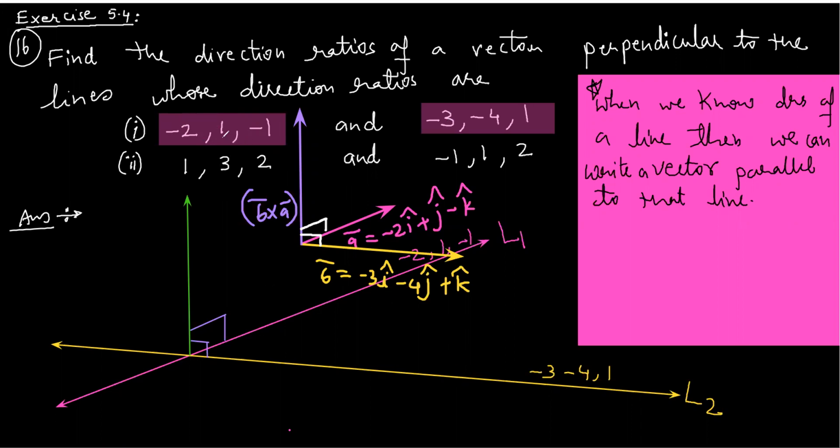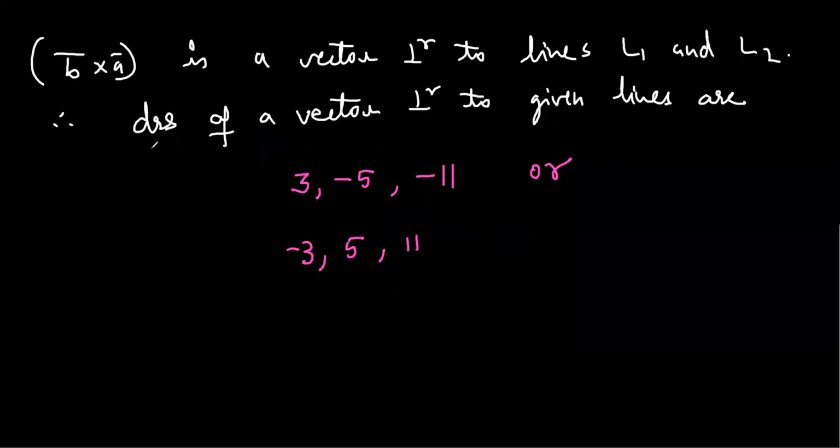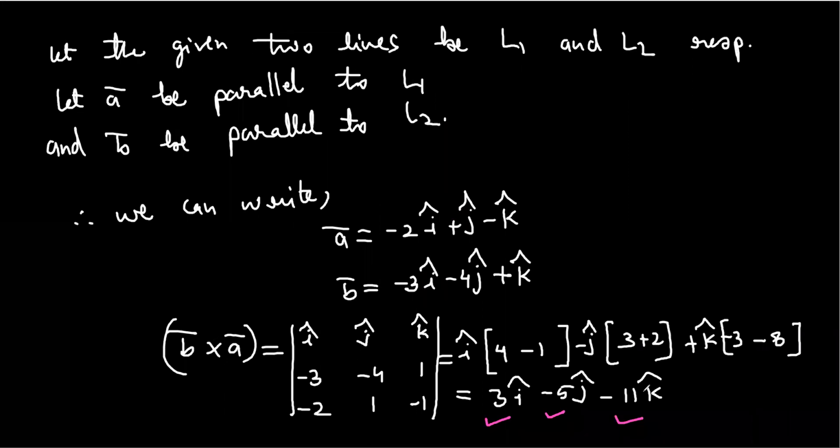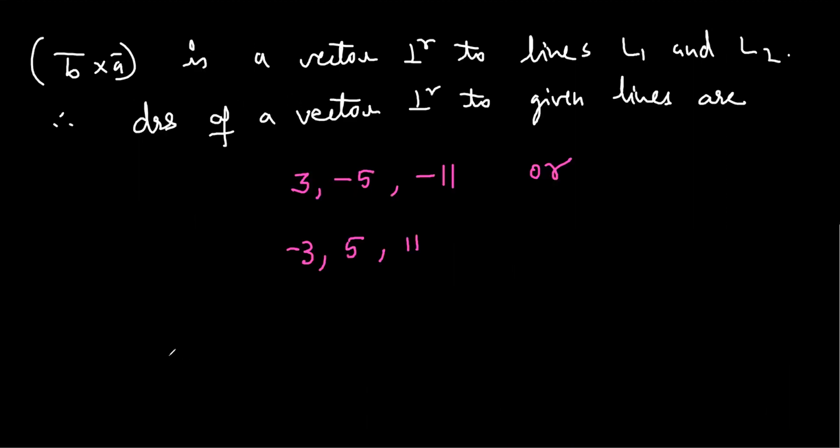And when they ask you to find the unit vector perpendicular to these two lines, you will first find B bar cross A bar the way I found, and then divide B bar cross A bar by its own magnitude. If you divide B bar cross A bar by its own magnitude, then you will get a unit vector in the direction of B bar cross A bar, and hence what you got is the unit vector perpendicular to the given two lines.